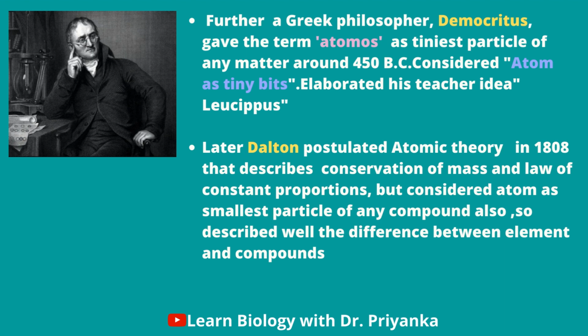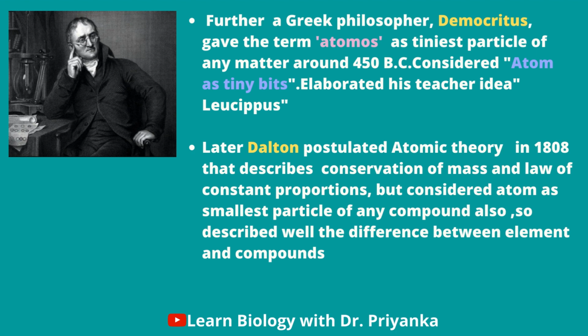Later, Dalton postulated atomic theory in 1808 that describes conservation of mass and the law of constant proportions, and considered the atom as the smallest particle of any compound. It described well the difference between elements and compounds, but he was unable to explain the various spectral lines of the atoms.